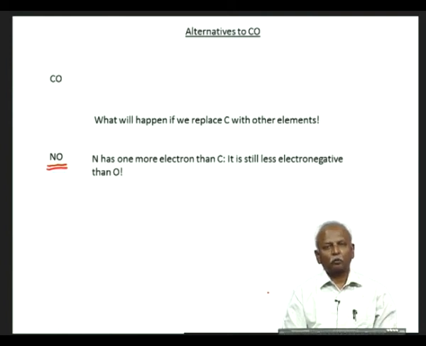Nitric oxide has got one extra electron compared to carbon monoxide, which is the most useful ligand in organometallic chemistry. So, we realize that the atom that is bonded to the metal, in the case of carbon monoxide it is carbon, in the case of nitric oxide it is most probably going to be the nitrogen.